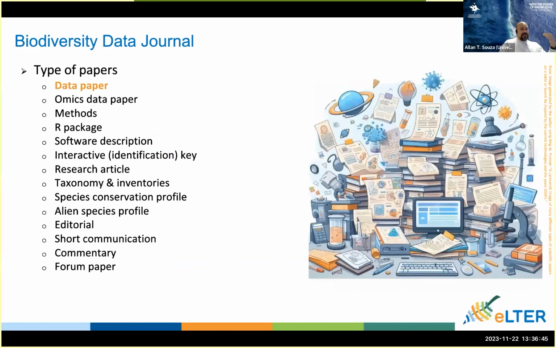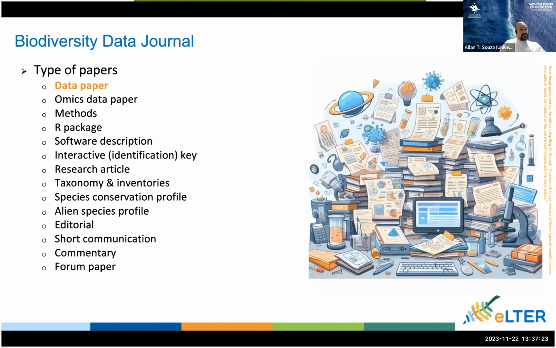This journal publishes a myriad of types of papers. They are not publishing only data papers; they are publishing several different types of papers. So data papers are one of the several outputs that they publish every year. There are general data papers, and there are omics data papers that are specific to this field. There are methods papers, R packages or Python packages, software descriptions, and interactive identification keys, for which they provide some templates to use.